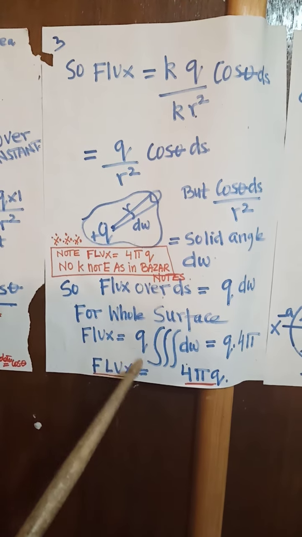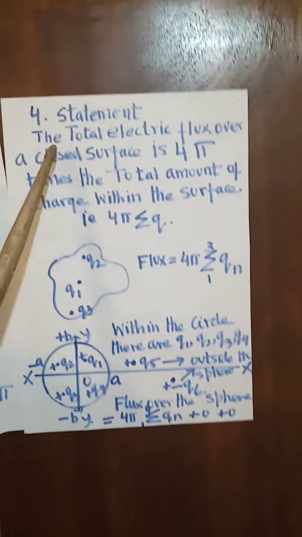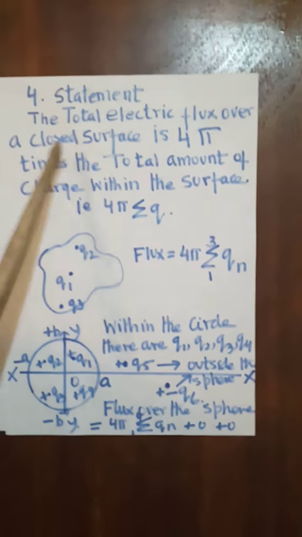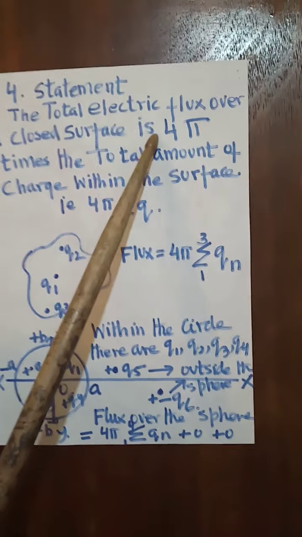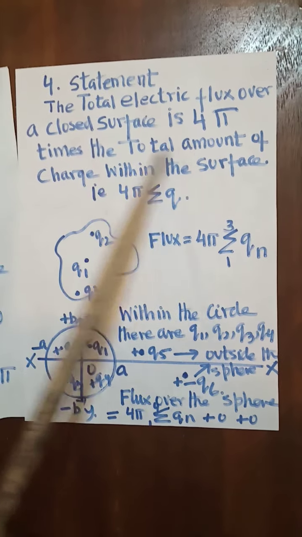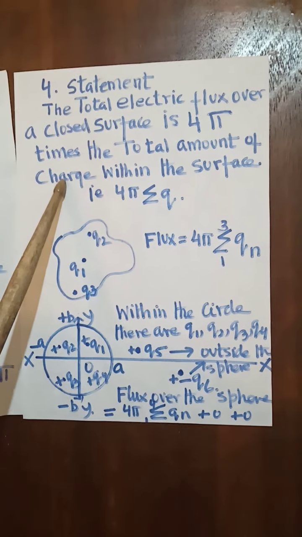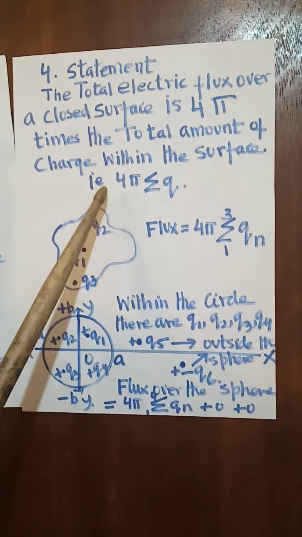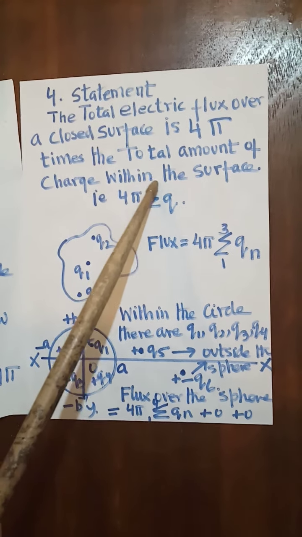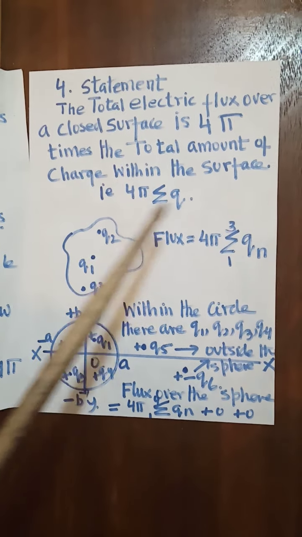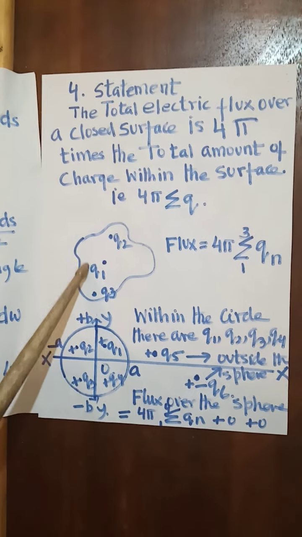This is Gauss theorem. So what is the statement now? The statement is the total electric flux over a closed surface is 4 pi times the total amount of charge within the surface. In mathematics, it is 4 pi summation of Q. Why do I say summation of Q? This is a closed surface.